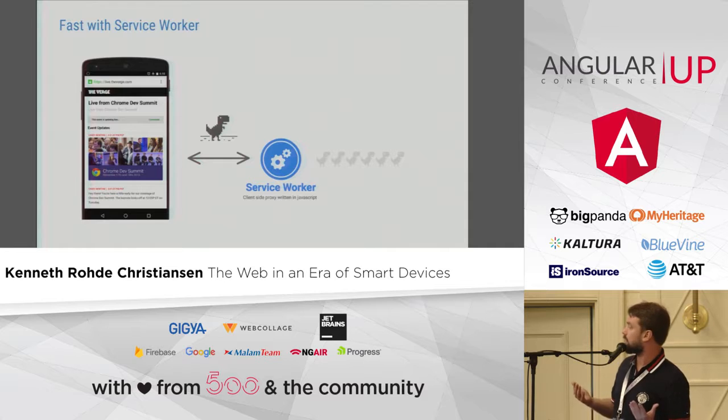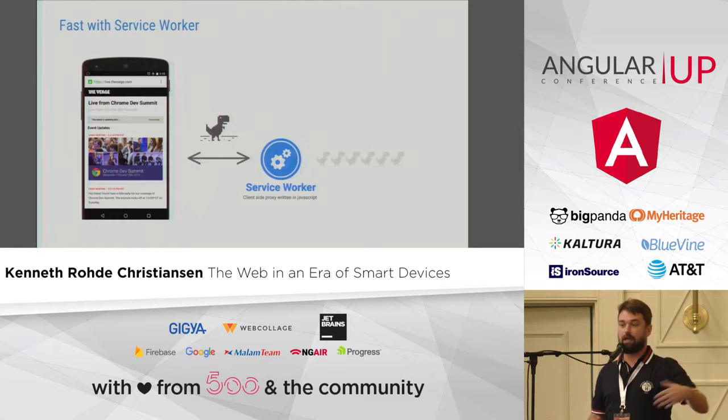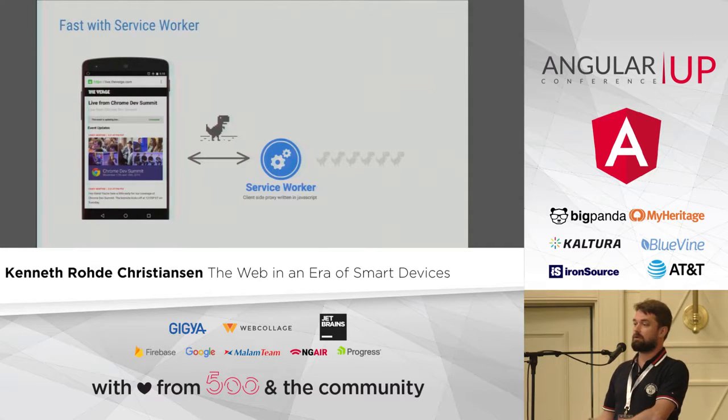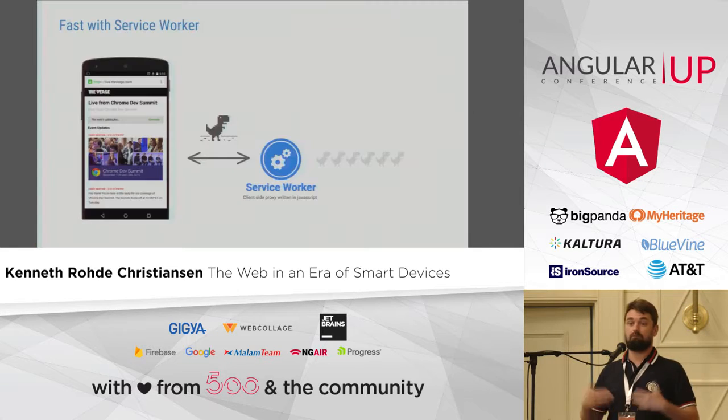The cool thing is that every time you try to fetch a resource on the internet, it will ask your service worker what it wants to do. The service worker might say, well, you're offline, so maybe I should take it from the cache. This allows you to create amazing experiences. For instance, if you have something like Netflix, maybe in the future you could save a couple of movies.